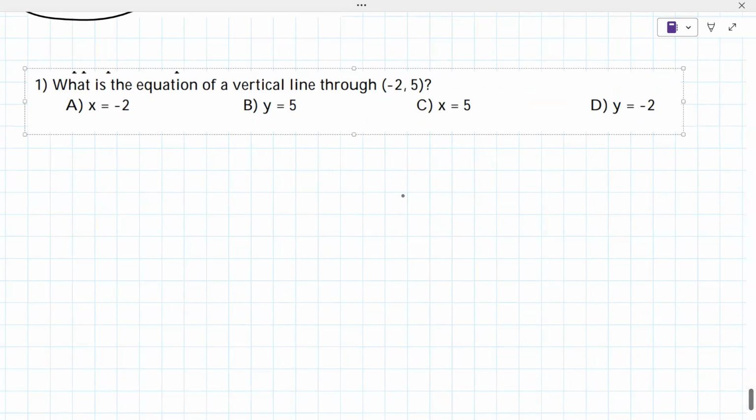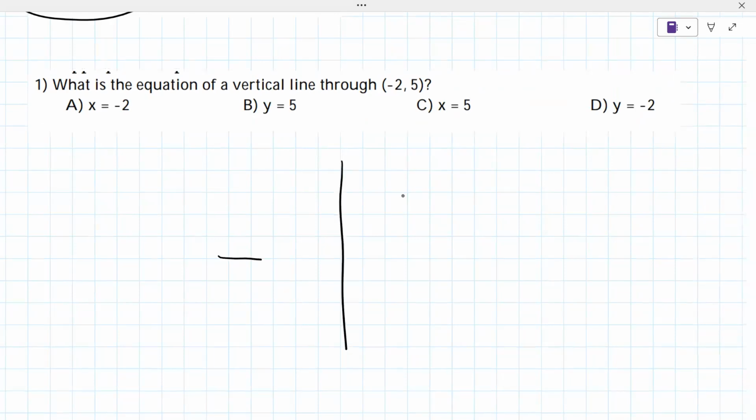For this one, I'd recommend plotting the point and then drawing the vertical line through it.